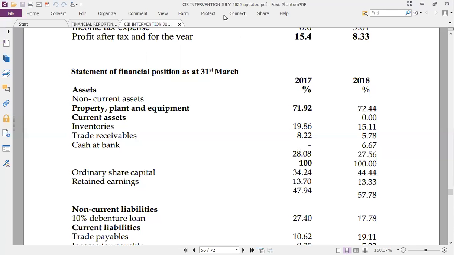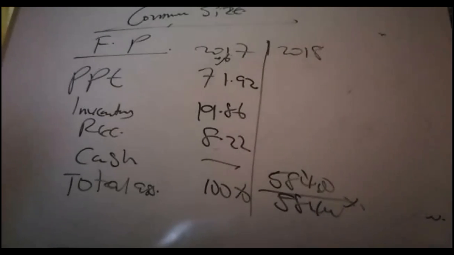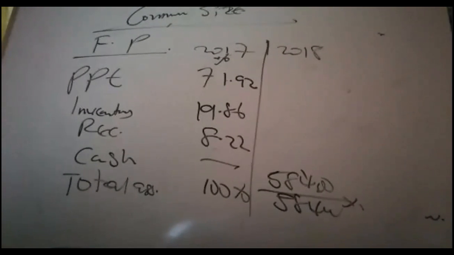That is the calculation. Now let's see how you write the report. How you write a common size report. That's the next section. For that one, the report will still obey the report structures, such as the address, to, from, date, subject, introduction, and then the main body will be the common size analysis.